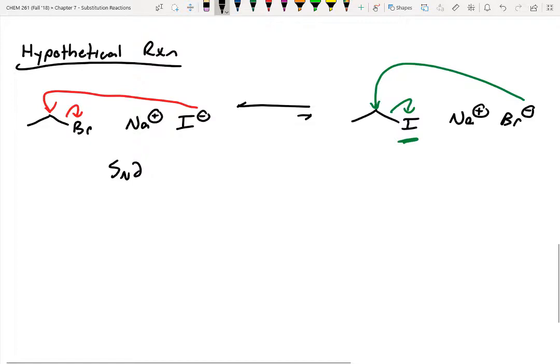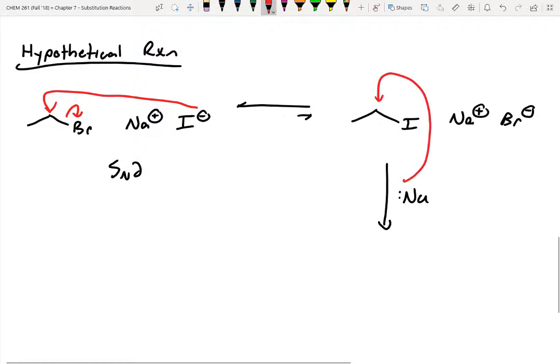This is actually called a Finkelstein reaction, where if you have a really crummy nucleophile, this nucleophile can attack in here, kick off the iodide, and you can get a new product, versus the nucleophile on this side is not strong enough to kick off the bromine potentially.